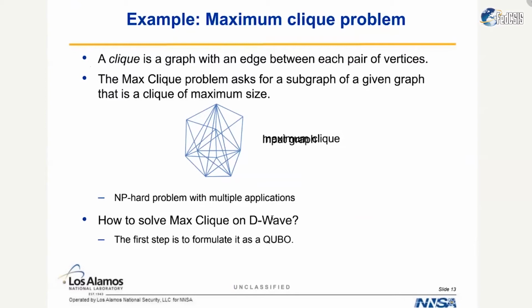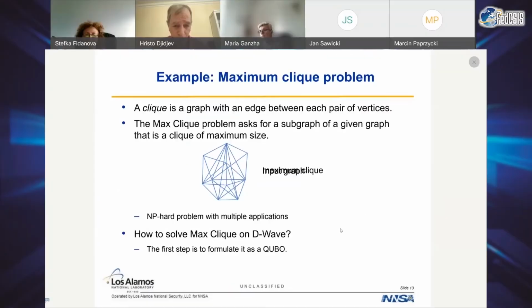Okay, and here, if the animation worked, then I would have been able to show you the clique in this graph, which is a clique of size 5. That's the maximum clique of this problem, but I cannot see that. But just to give a simple example, a clique of size 1 will be a simple vertex.